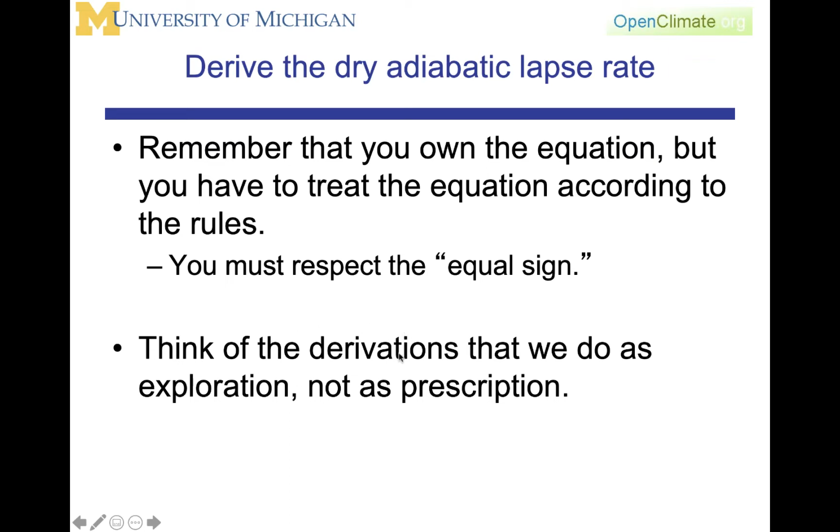And again, I'm going to say, think of derivations that we do as exploration. They're not prescribed. We don't have any hard and fast rule, though we do have, well more than a century of maybe best practices to get results that we know are useful.